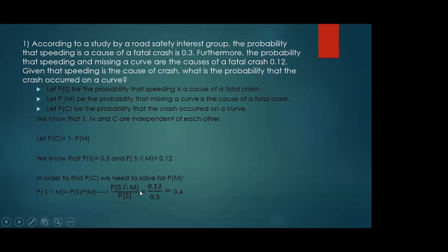Again, all you have to do now is substitute your values into the equation. So the probability of S intersect M is equal to 0.12 and the probability of S is equal to 0.3. So 0.12 divided by 0.3 is equal to 0.4.